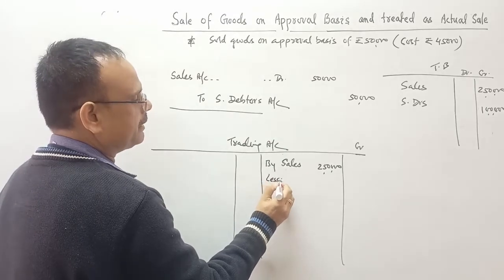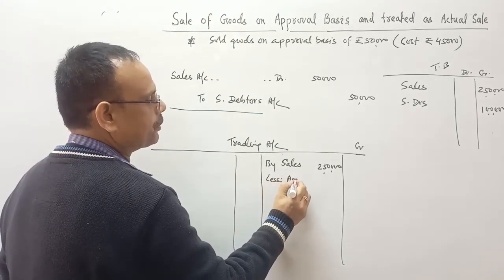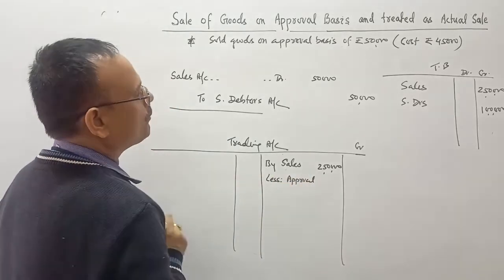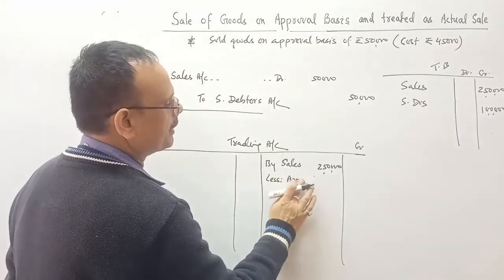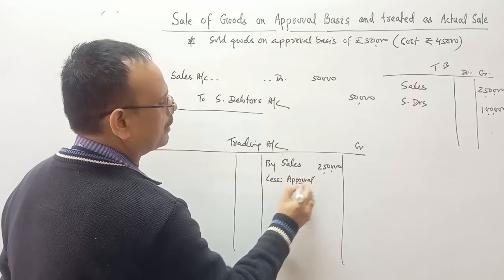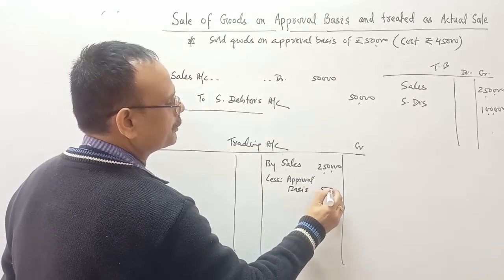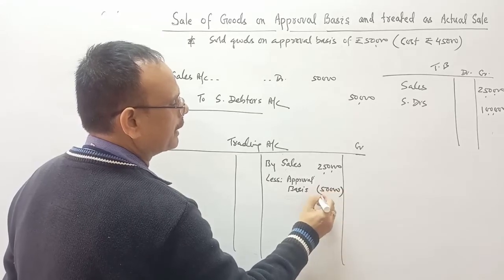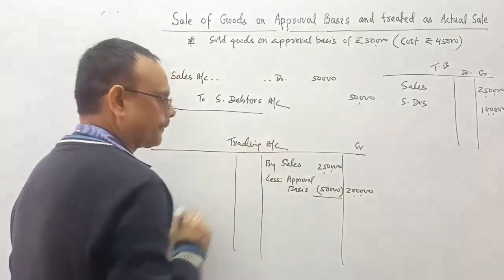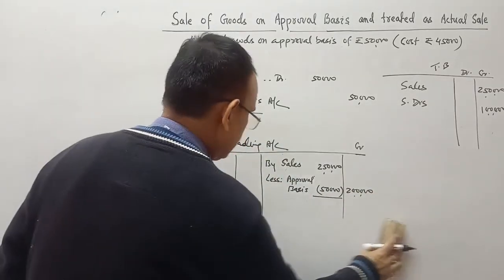You write it less approval basis 50,000. You deduct it and write the amount in the outer column, 2 lakhs. Okay, this you do in the trading account.